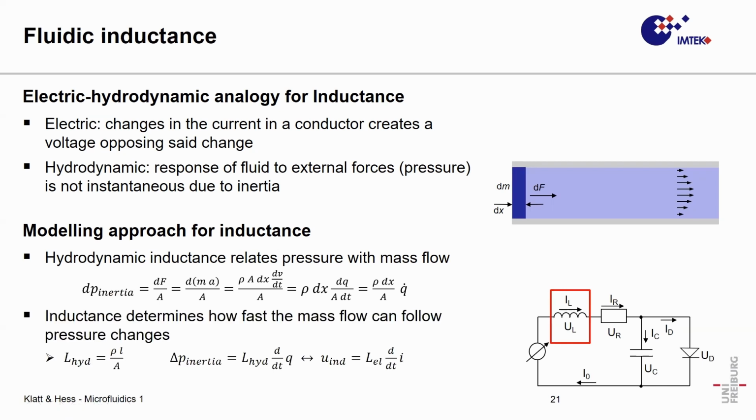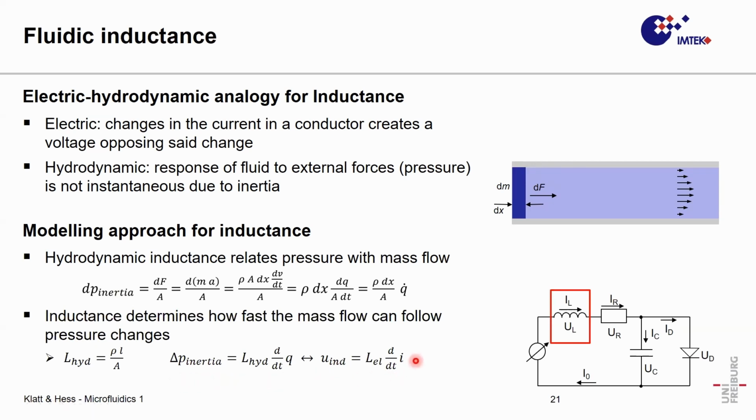And this means that the inductance of a channel, or of any geometry, determines how fast the mass flow can follow pressure changes. And you can model inductance in your network using this expression. And you can immediately see that for the inductance, we have a similarity between the electrical world and the hydrodynamic world.